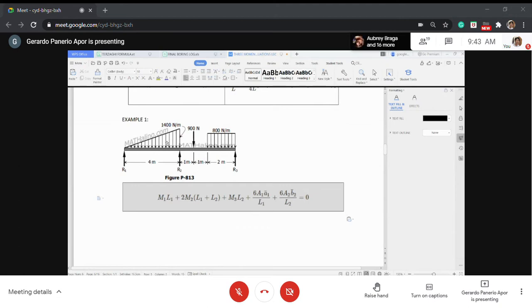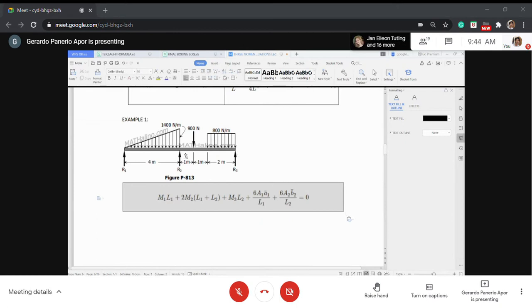Then, if this is 1, this will be the moment at 1, and this will be the moment at 2 for the first figure. For the second figure, this is moment 2, and this is moment 3. But we know already that the moment on the left support is 0 because this is a pin or hinge, and also the moment at point 3 is 0 because this is supported by a hinge.